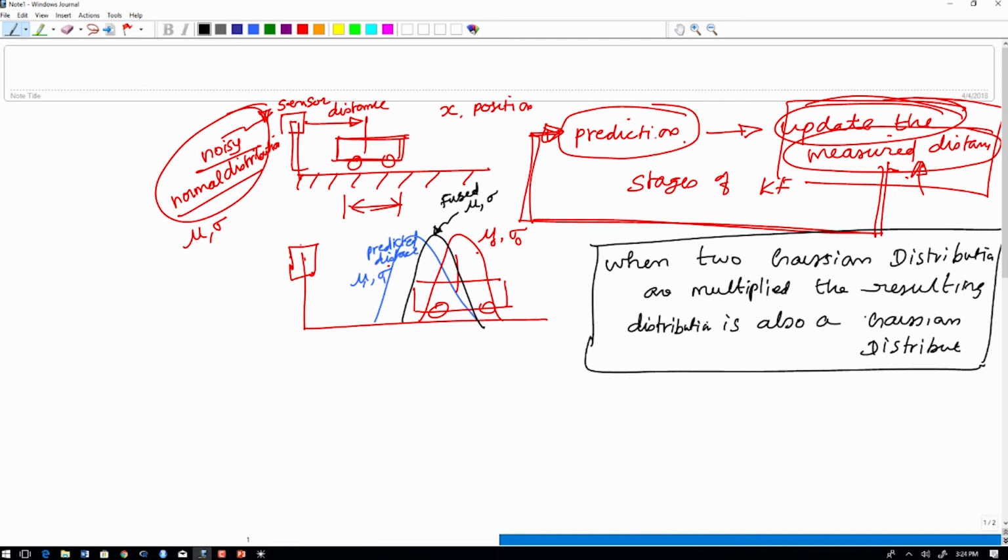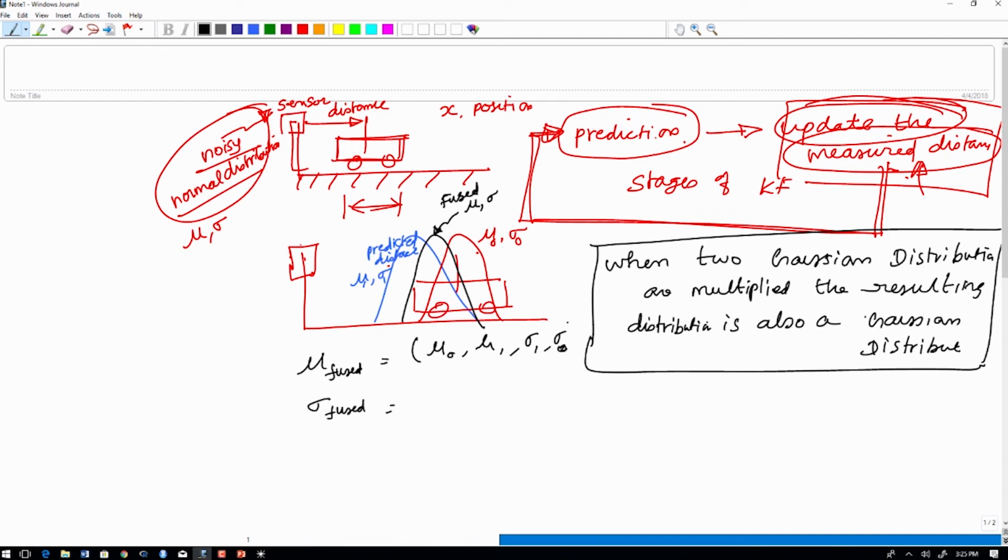So, the predicted distance itself is a distribution. The measured distance is also a distribution, a Gaussian distribution. When these two things are multiplied, let us say fused, the resulting one is again a Gaussian distribution. So, we can write equations for what is the mu of the fused data, what is the variance of the fused data, as a function of mu naught, mu 1, sigma 1 and sigma naught.